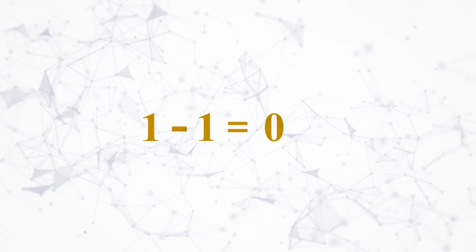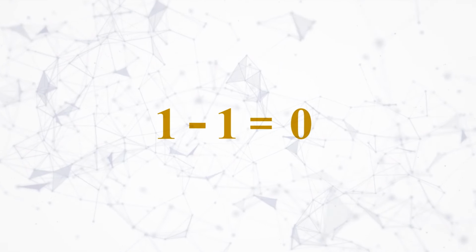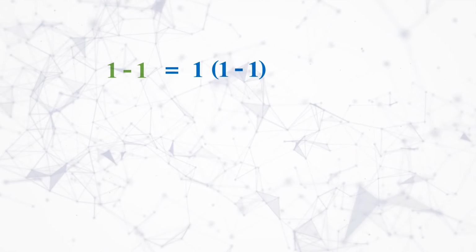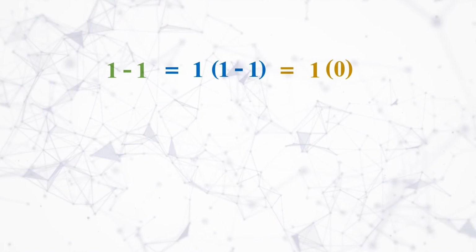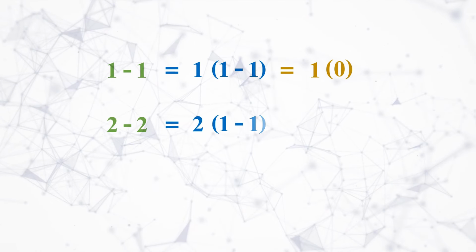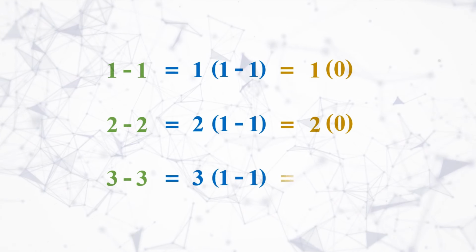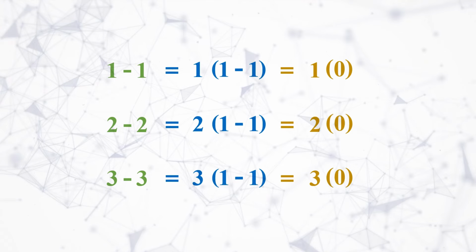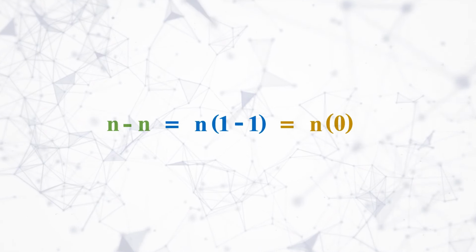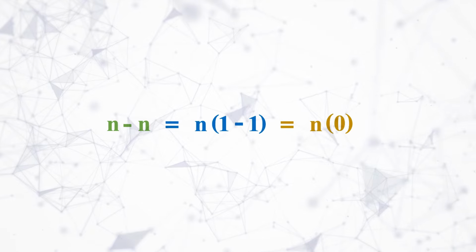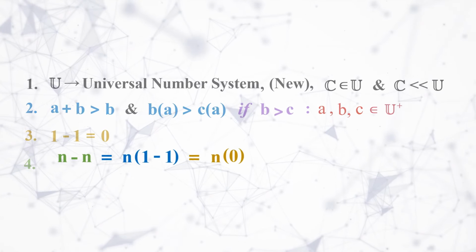Since we know 1 minus 1 is equal to 0, we can write 1 minus 1 is equal to 1 times (1 minus 1) by the distributive property of maths, which is equal to this. Similarly for 2 minus 2, 3 minus 3 and so on. Hence the generalized equation is n minus n is equal to n times (1 minus 1) is equal to n times 0, which is the fourth equation.